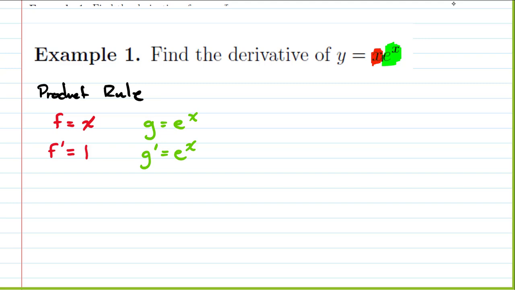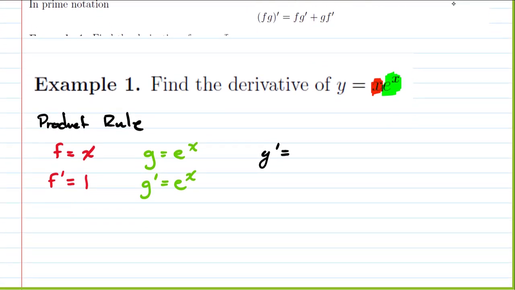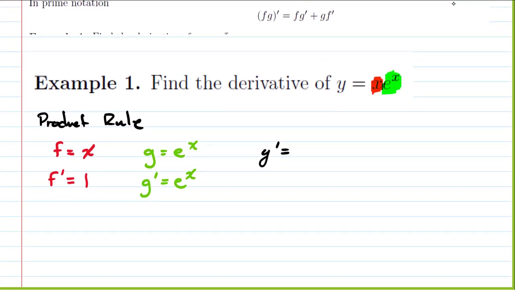So then our derivative, y prime, according to our rule up here, is f times g prime plus g times f prime. Plugging all of that in, we're going to get x times g prime plus g times f prime.